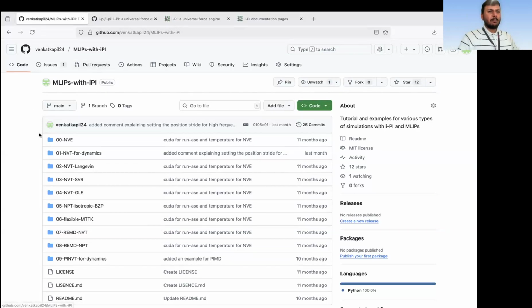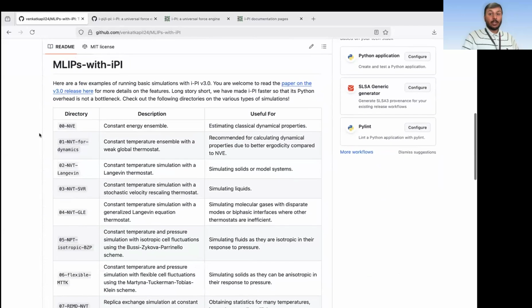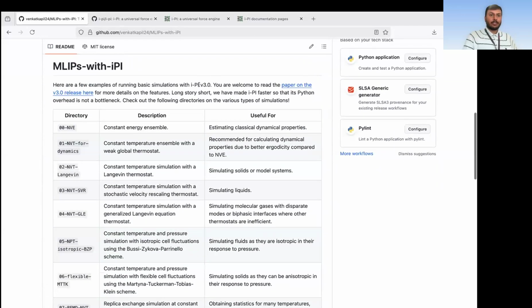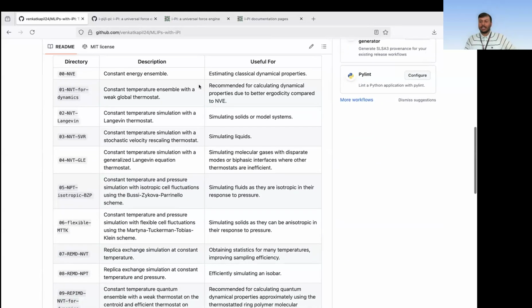Right, so this is a very simple repository that I have created, and it's called MLIPs with IPy. It uses version 3.0. And I've listed a few use cases that I thought people may be interested in because I'll also be talking about much more advanced molecular dynamics later on.